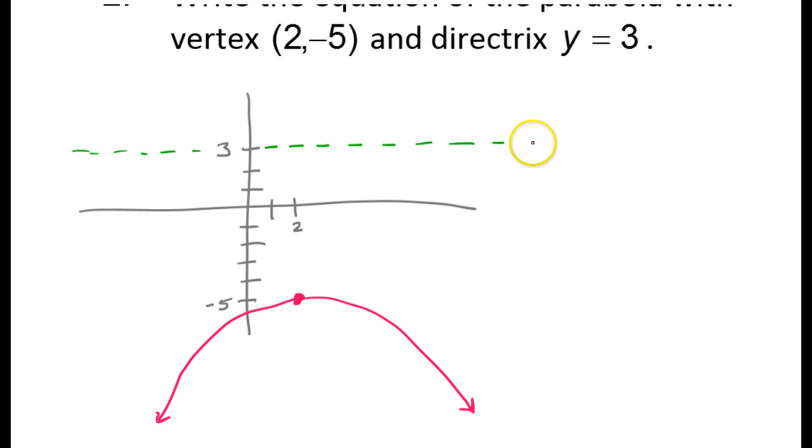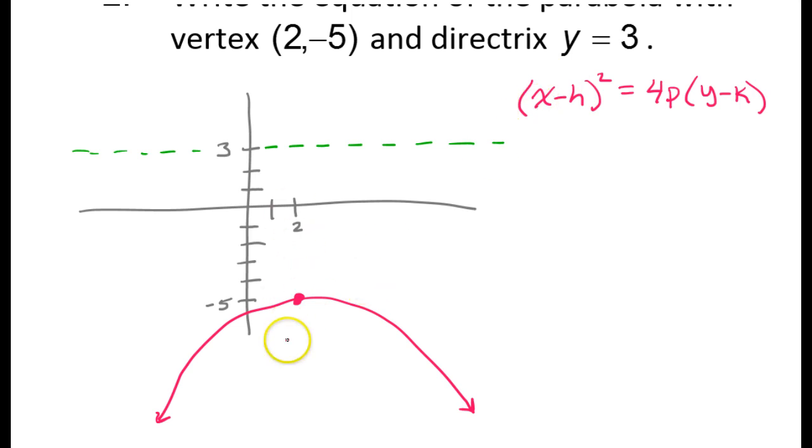So right away that tells me that we are dealing with the parabola formula where the x will be squared. So I'm talking about x minus h squared is equal to 4p times y minus k, not squared. This is the version that we use for vertical parabolas.